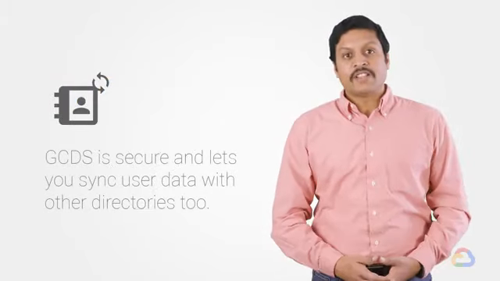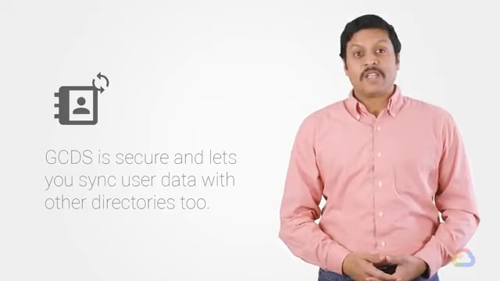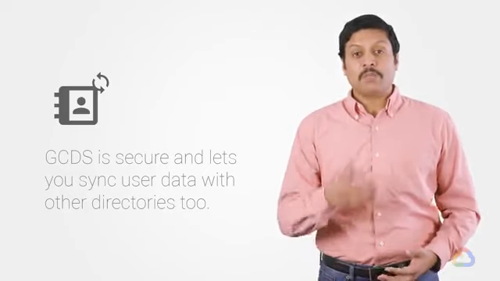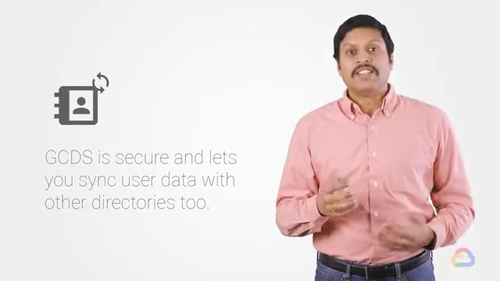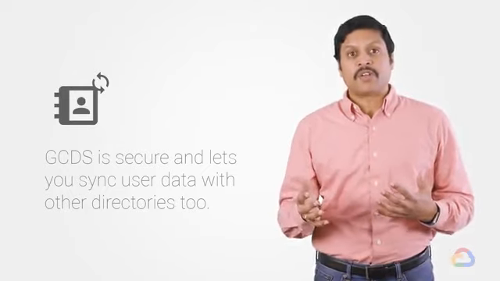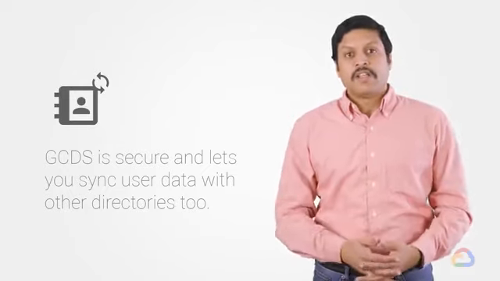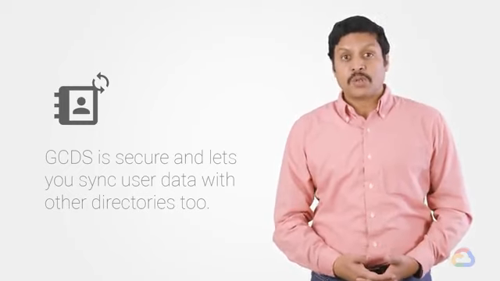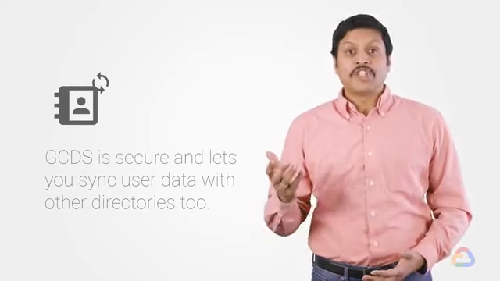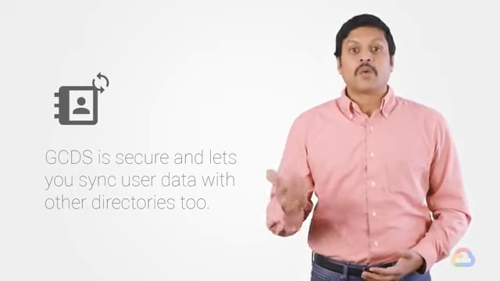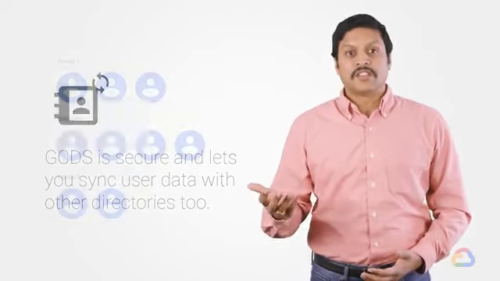With GCDS, you can sync the data in your Google domain with existing Microsoft Active Directory or LDAP servers. The data you move into directory server is never modified. GCDS is a secure tool that helps you easily sync your existing users, shared users and contacts, groups, and licenses.